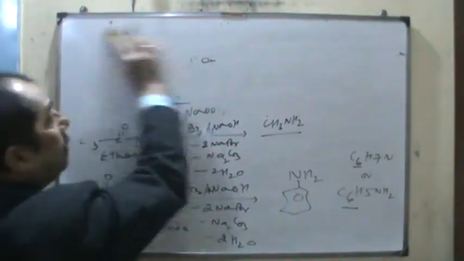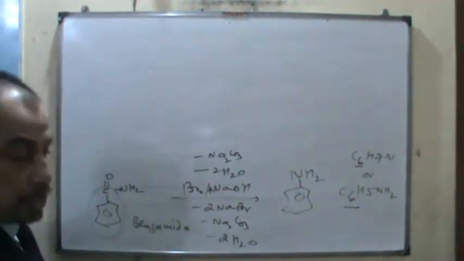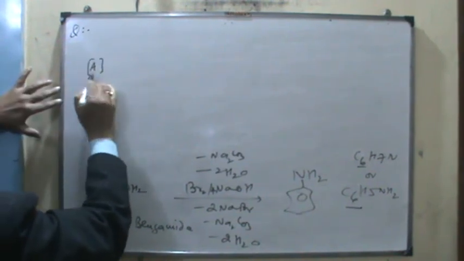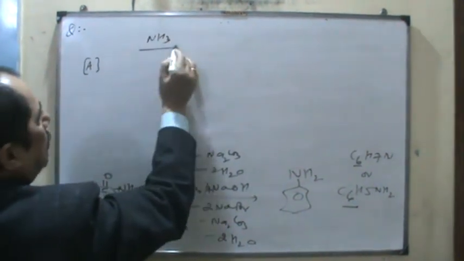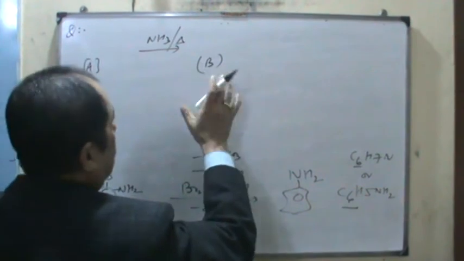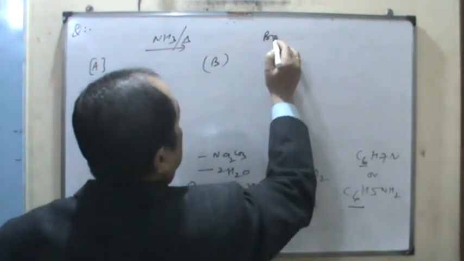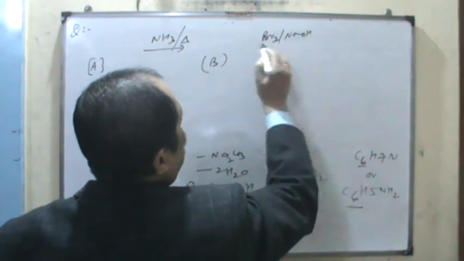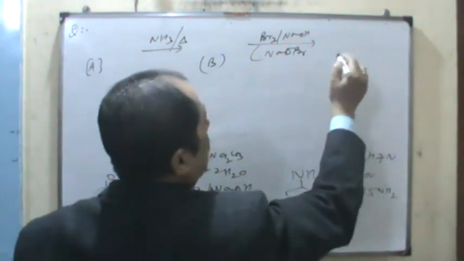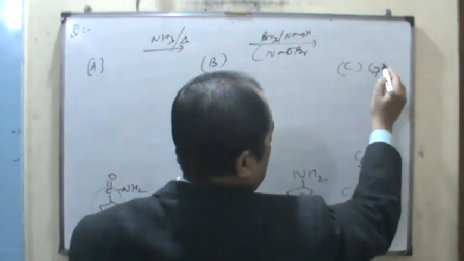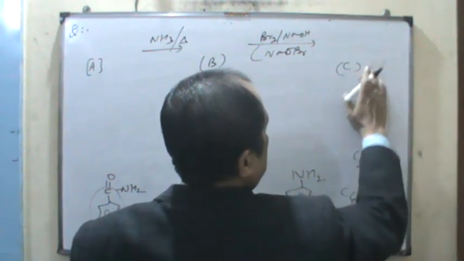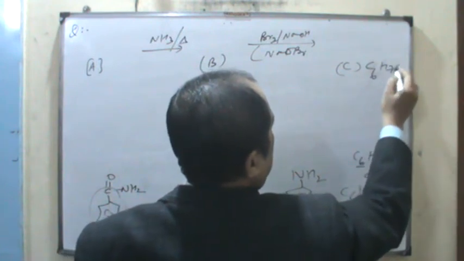One exercise question based on Hofmann's bromamide degradation: complete the following reaction. I take here A treated with ammonia and heat it to form B, right? And B on treated with Br2 and NaOH or NaOBr to form C, and the name of C is C6H7N.